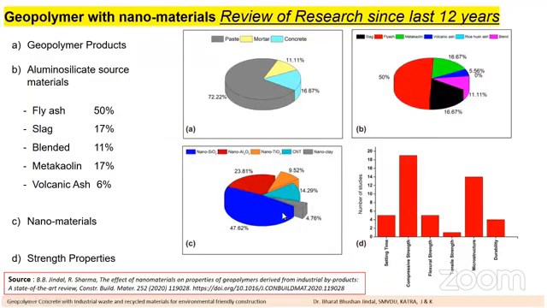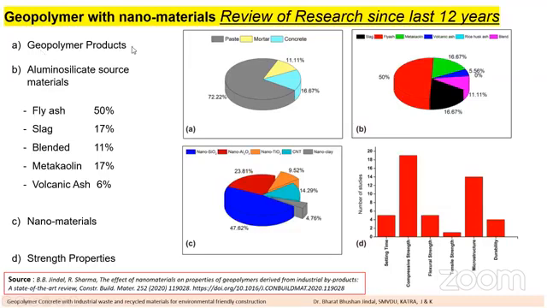Now, this is a finding from one of our research papers, titled the effect of nanomaterial on the properties of geopolymer-derived products. It was a review article published in the Construction and Building Materials journal. Here we have explored the research done globally within the last 12 to 15 years.